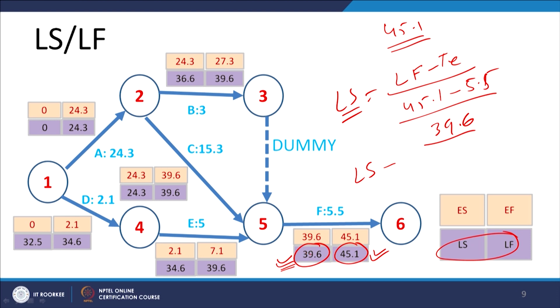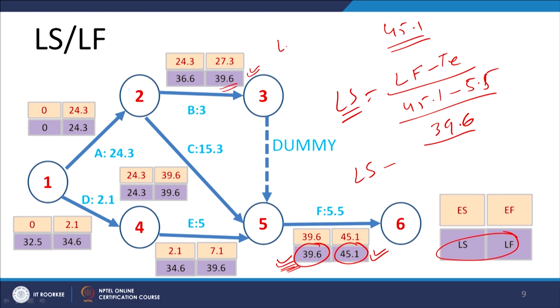Since the latest start for activity F is 39.6, we can delay the completion of the activity up to 39.6.